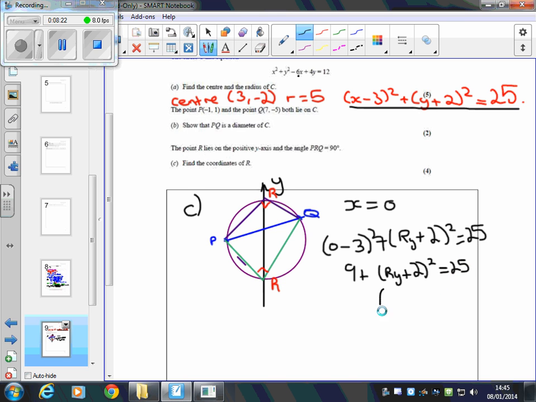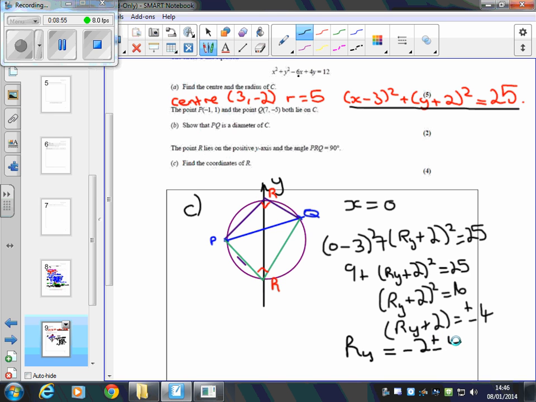which means that (my y coordinate for R plus 2) squared will be equal to 16, moving my 9 over to the other side, and that gives me R y plus 2 will equal plus or minus 4. Moving my 2 over to the other side gives me R y equal to minus 2 plus or minus 4.